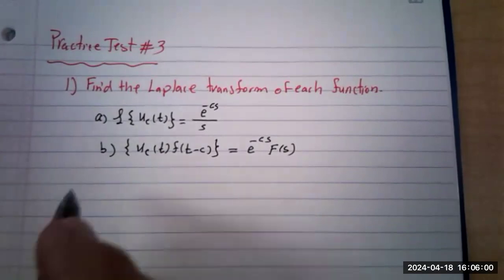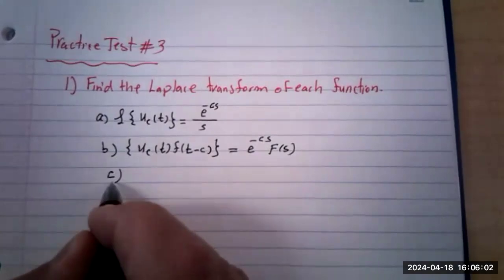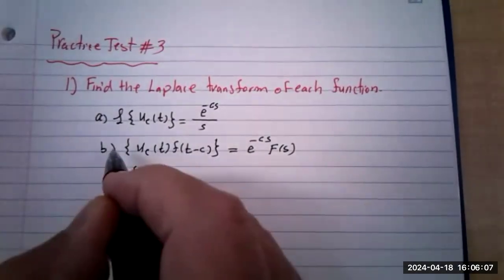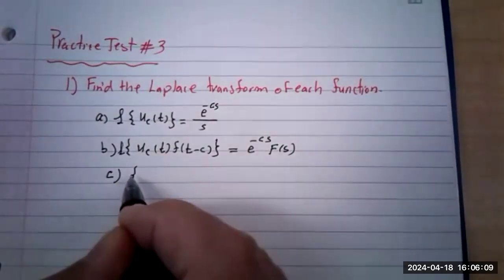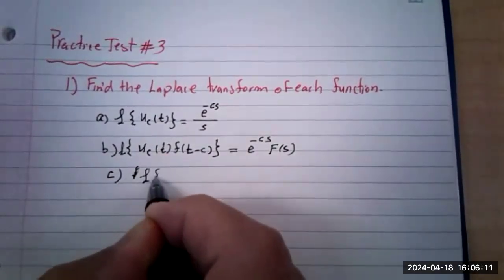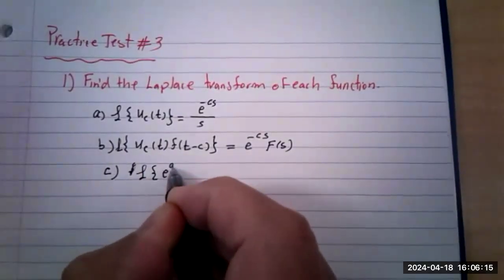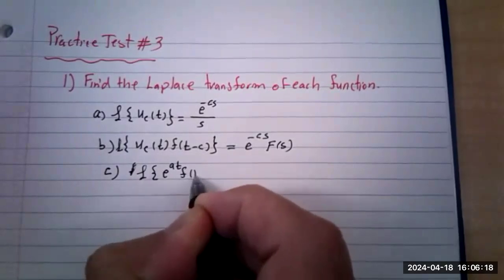The third one is the other translation theorem that we did have. Sorry, I missed the Laplace here. The next one is going to be the Laplace of e to the at f(t).